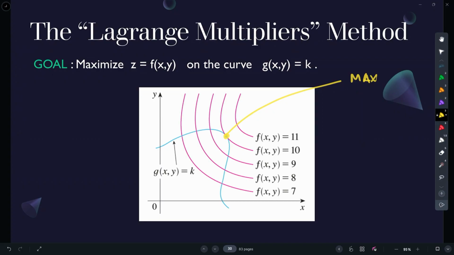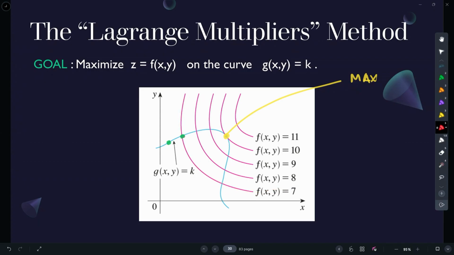How can I distinguish that point? For example, could it be that the maximum value is here or here? It cannot be, because if I compute the gradient vector at that point, look at the level curve for f equal to 7. What will the gradient vector tell me?